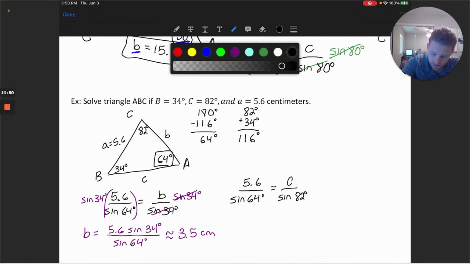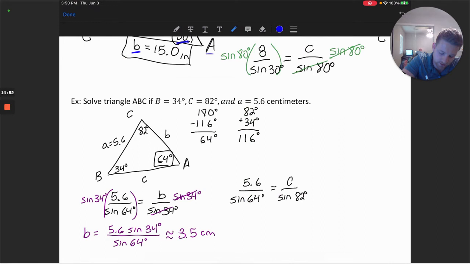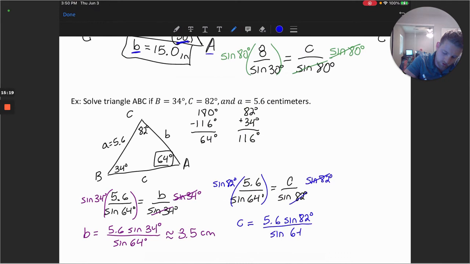And again, the pattern here is to multiply by that sine of 82 degrees to solve for C. And so these will cancel, and I'll just be left with that product on the left, where C is equal to 5.6 sine of 82 degrees divided by sine of 64 degrees.